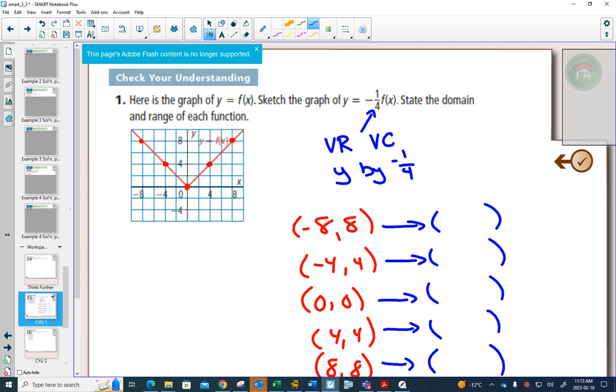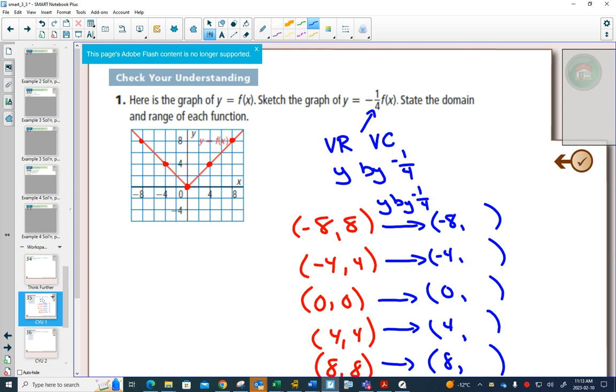And above the arrow, the only thing we have to do to them right now is multiply the y values by negative 1/4. So I'm going to write above the top arrow what I'm going to do. I'm going to multiply my y values by negative 1/4. That means all my x values are going to stay the same. I can just quickly rewrite them if I want, because they're not going to change.